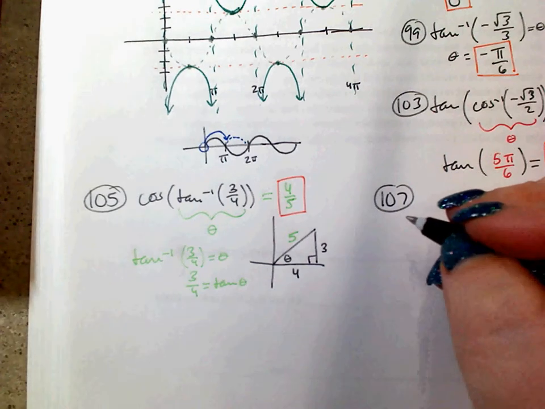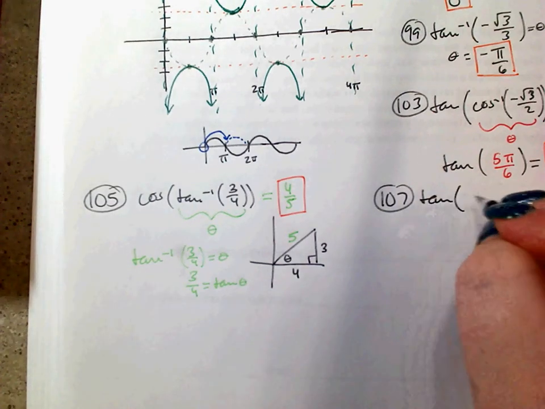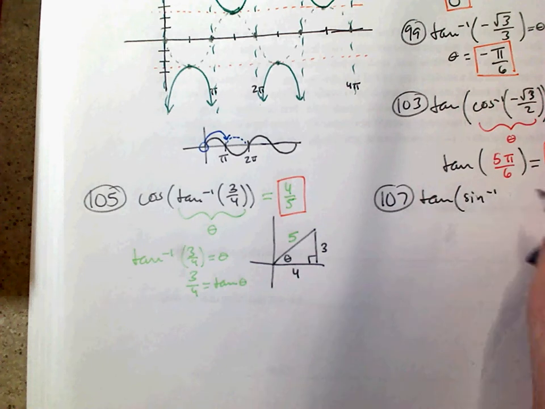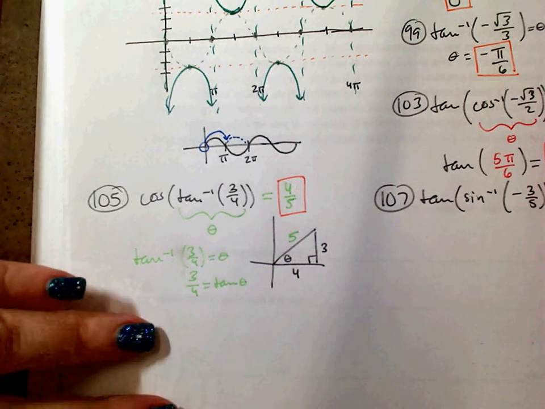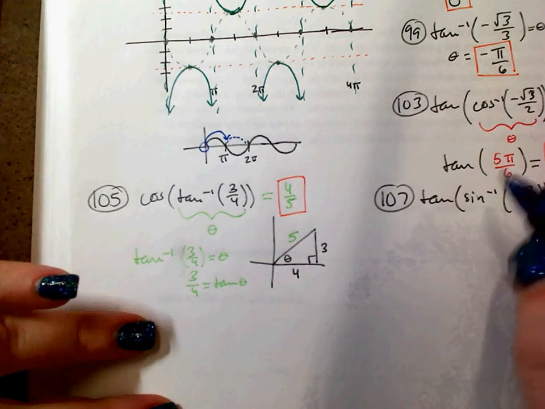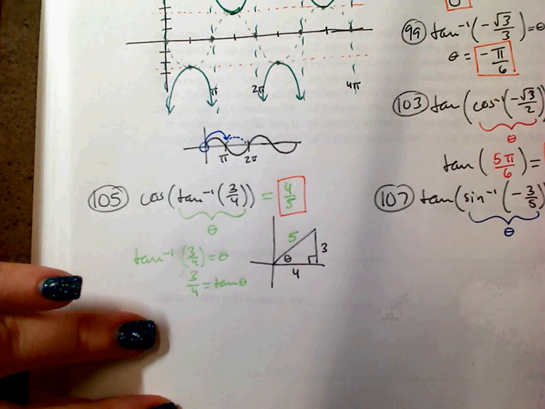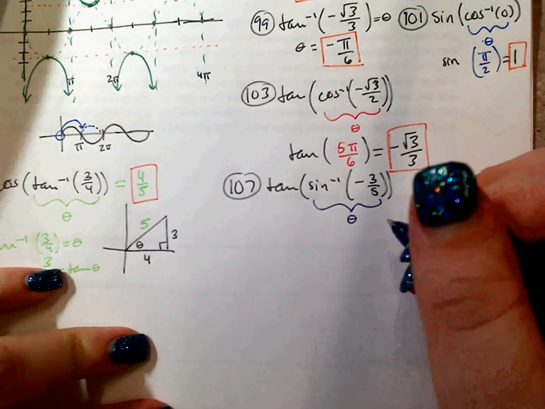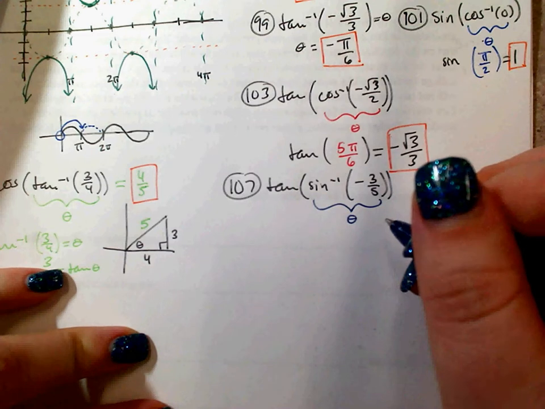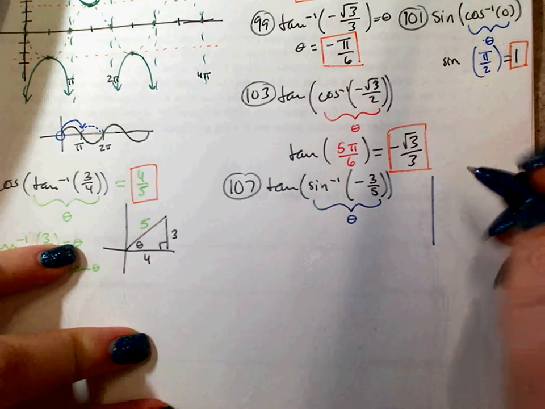Okay, 107. Tangent of sine inverse of negative 3 over 5. Okay. This is some angle, right? So sine inverse only exists in the first and the fourth quadrant, and sine is only negative in the fourth quadrant. So I'm going to draw a triangle in the fourth quadrant.